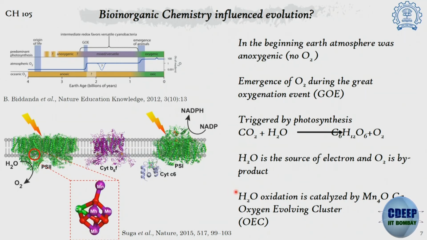This cluster takes water and oxidizes it to oxygen. That means this overall oxygenation in the world actually started with this manganese cluster, which is nothing but an inorganic element, a perfect example of how bioinorganic chemistry can affect the world that we see today.